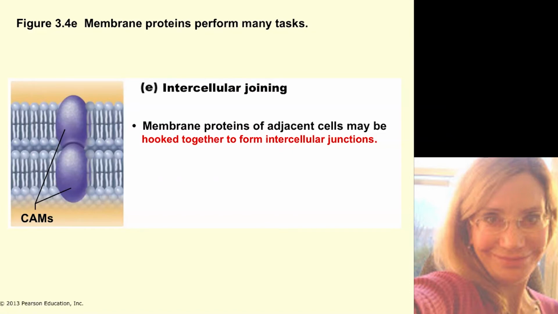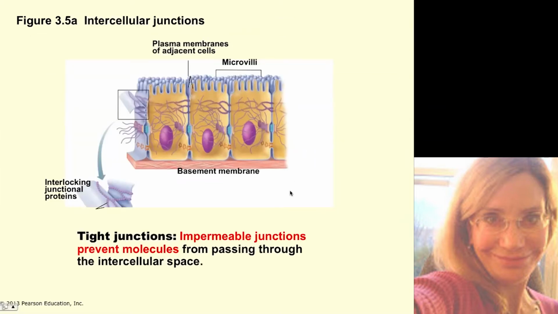Other membrane proteins are going to form intercellular joining. Membrane proteins of adjacent cells, those that are next to each other, might be hooked together to form intercellular junctions. And there are actually two types of intercellular junctions. One of them is called a tight junction. This forms an impermeable junction between cells to prevent molecules from passing through the intercellular space.